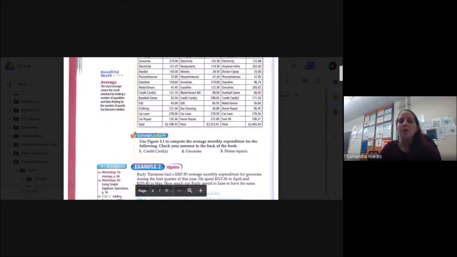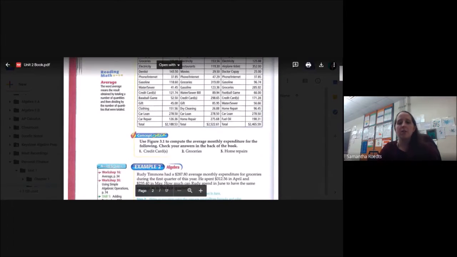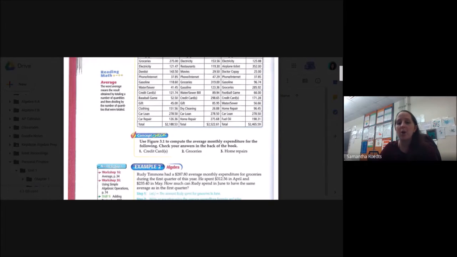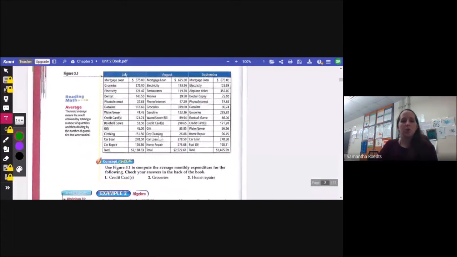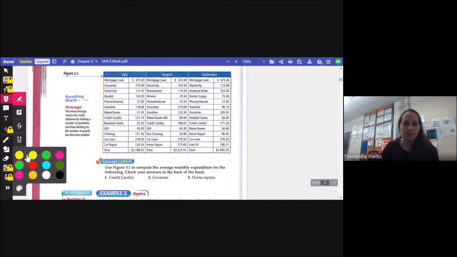Okay, so I want to use this figure to compute the average monthly expenditures for the following: credit cards, groceries, and home repairs. Looking at credit cards, let's start there. I'm looking for any credit cards. Here's credit cards right here.